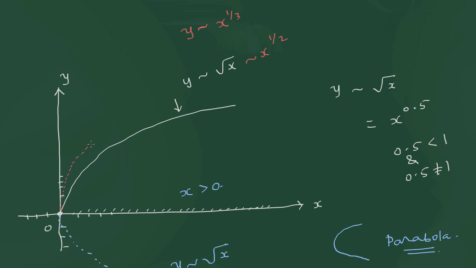It comes like this and then it saturates here. So this kind of curve will be x to the power of 1 by 3. If it is x to the power of 1 by 10, then it will go like this. So when 2 becomes 3, 3 becomes 10, the curve will shift like this.